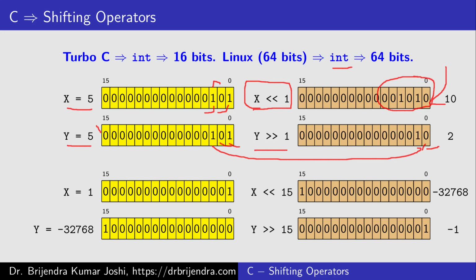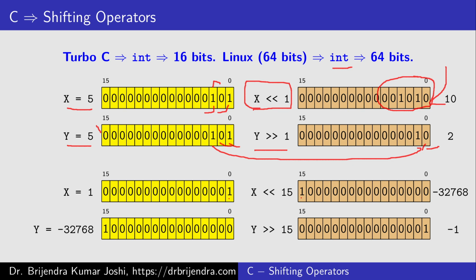Now strictly speaking, what should happen if we shift 1? Suppose here x equal to 1, so this bit is 1. If we shift it towards left hand side by 15, and if the integer size is 16 bits only, then this LSB becomes the MSB, and in case of most computers, when the most significant bit of a register becomes 1, the number is treated as negative. And all negative numbers are represented in 2's complement form.